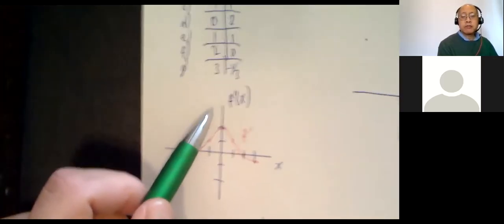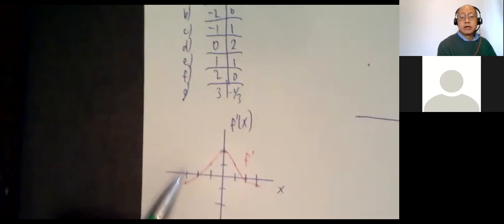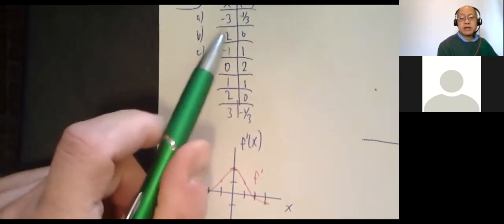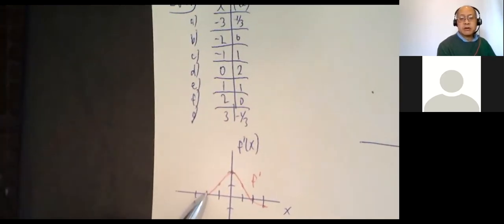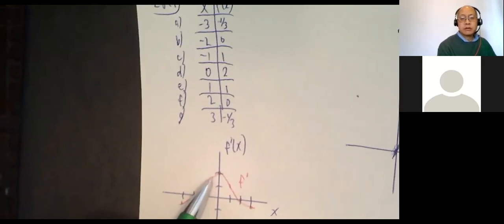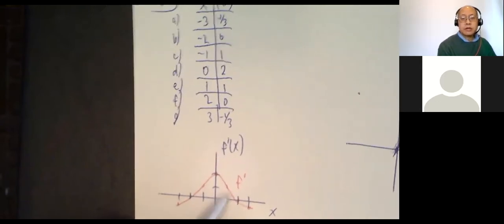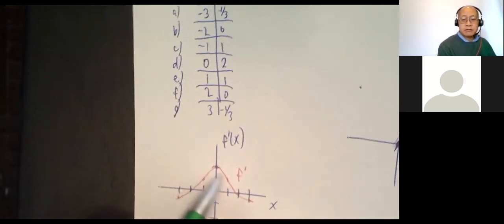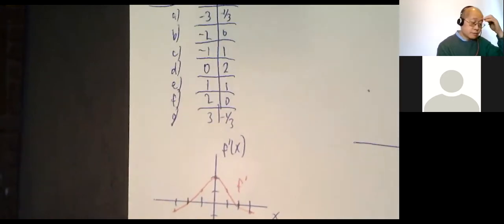It's not X versus Y, it's X versus slope, X versus F prime. So what did I plot? -3, -1/3, there it is. -2, 0, -1, 1, 0, 2, 1, 1, 2, 0, 3, -1/3, and I connect them, and it looks something like that.